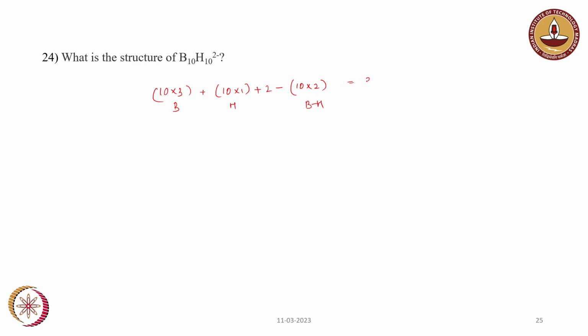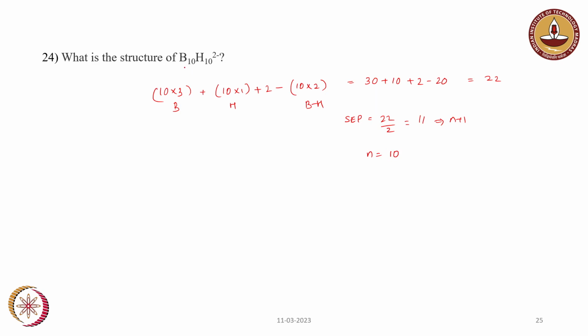So that is 30 plus 10 plus 2 minus 20, that is 22, and SEP is 22 by 2, that is 11, and that is n plus 1, n equal to 10.